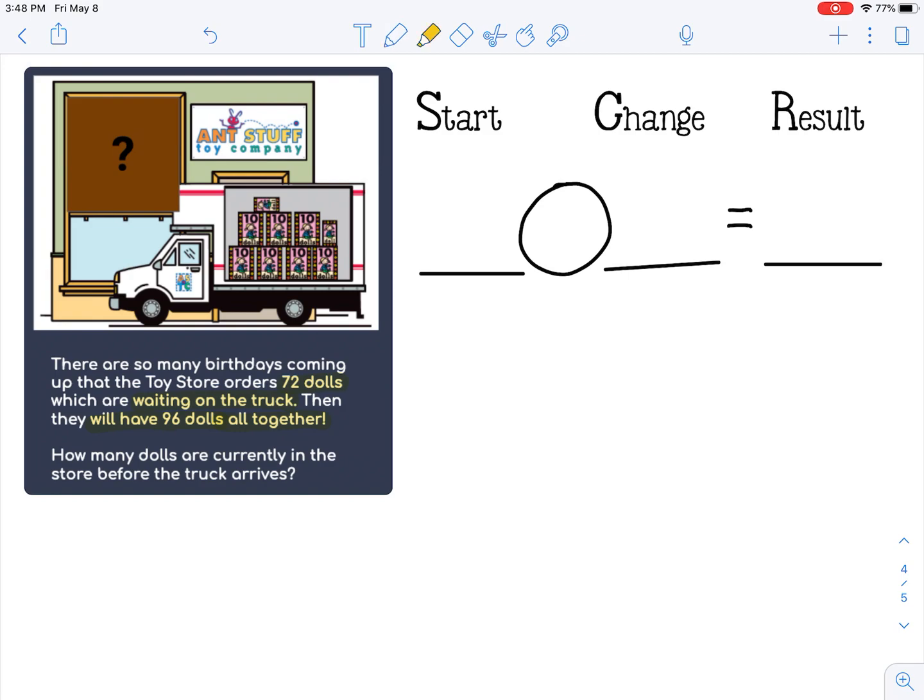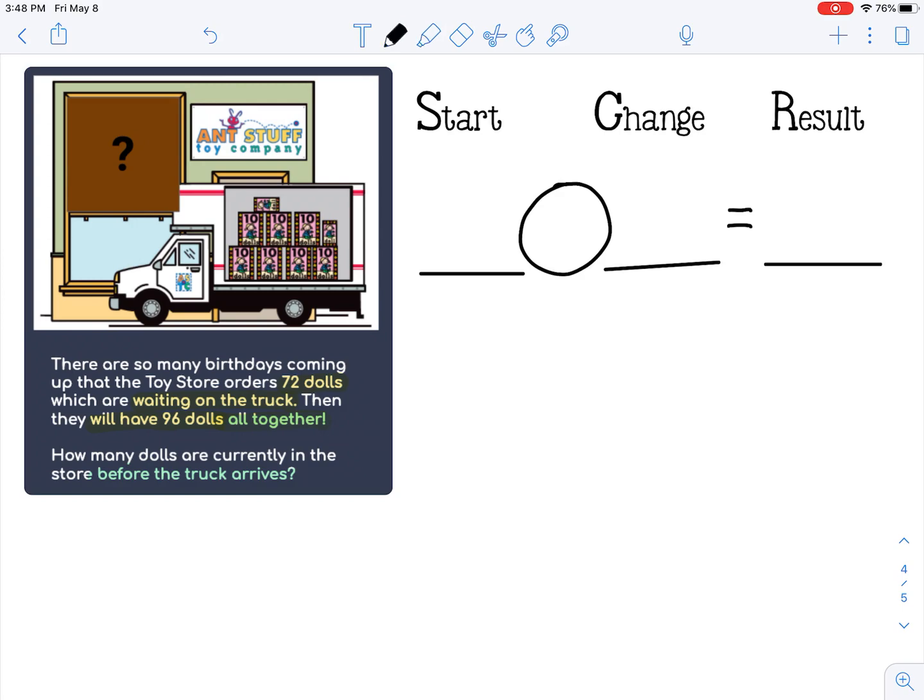And then it says how many dolls are currently in the store before the truck arrives. So the truck has 72 dolls. And if we're thinking, okay, they haven't gotten those yet, but then they will have 96 dolls altogether.